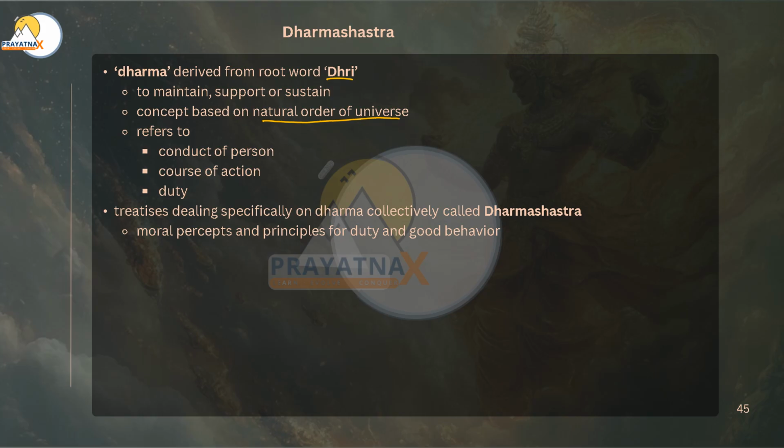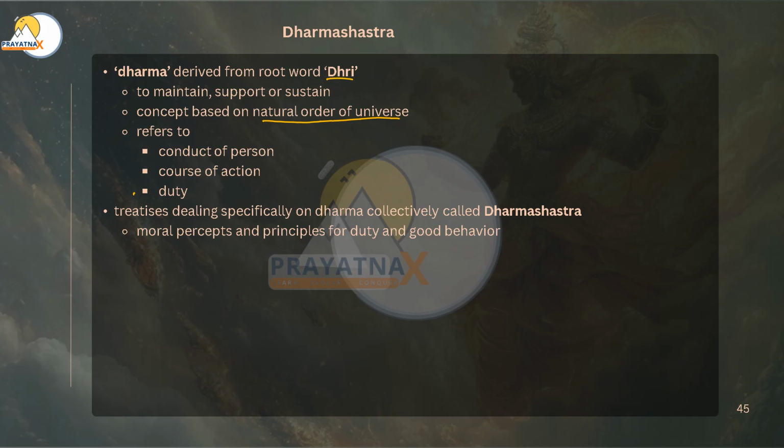And then most importantly, another interpretation is duty, which we also know as dharma. So this concept is closely tied with the cycle of birth, death, and all, as we know.